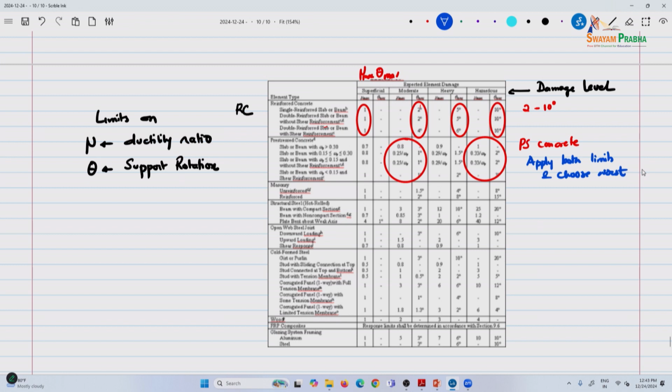For pre-stressed concrete it goes to 2 degrees.